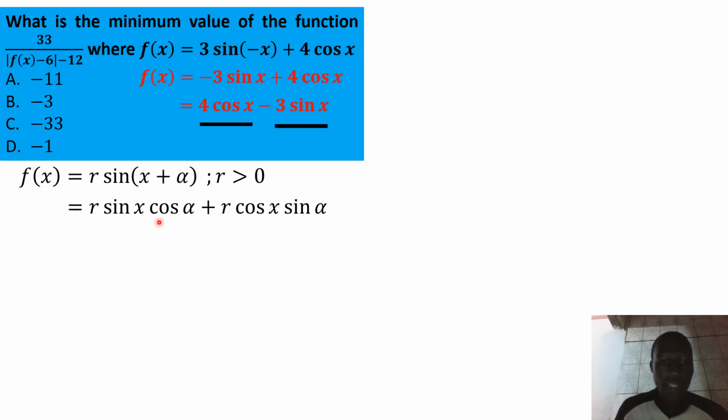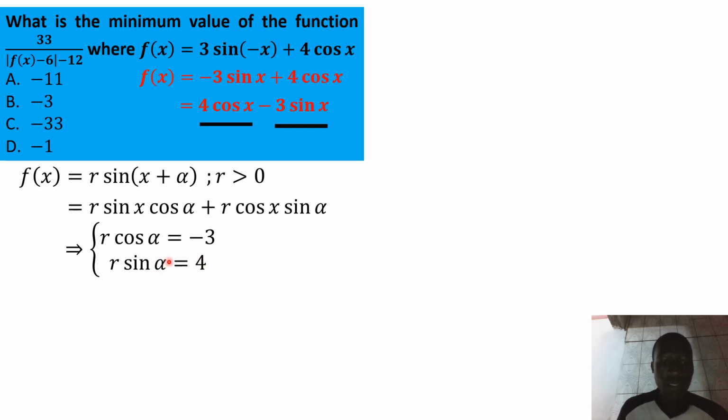Now in our expansion the coefficient of sine x is r cos alpha, but here it is negative 3. So we can equate those corresponding entries and we get two equations, and we have to solve for the two unknowns. So the first equation will be r cos alpha to be the coefficient of sine x and r sine alpha to be the coefficient of cos x.